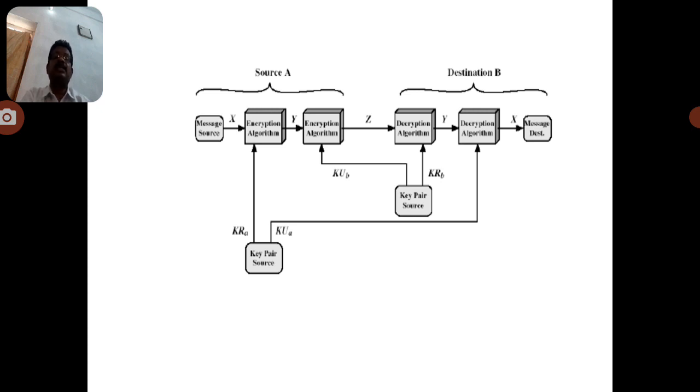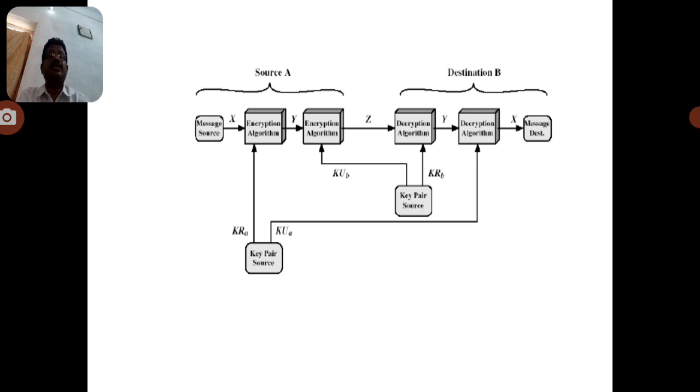Two messages are generated. One is the confidential message. If the sender uses his private key in the encryption, that message is the authenticated message. If the sender uses the recipient's public key in the encryption, then the confidential message is generated.